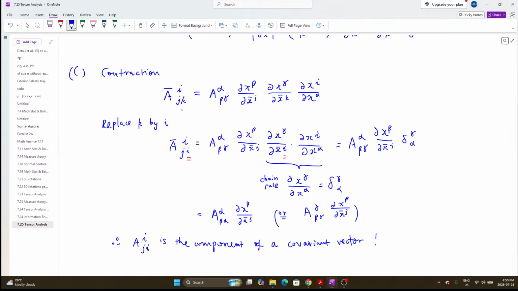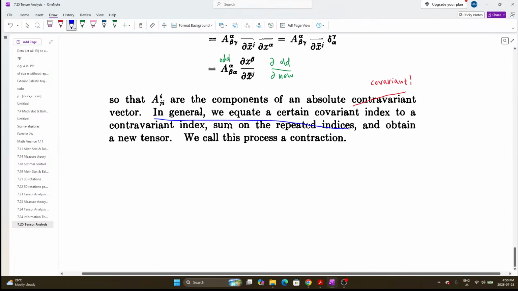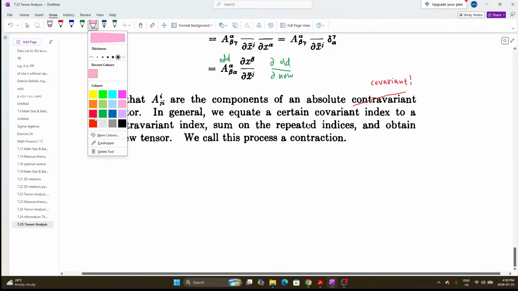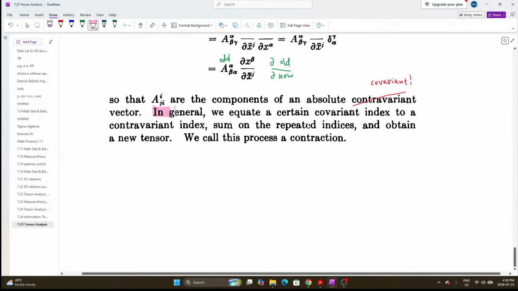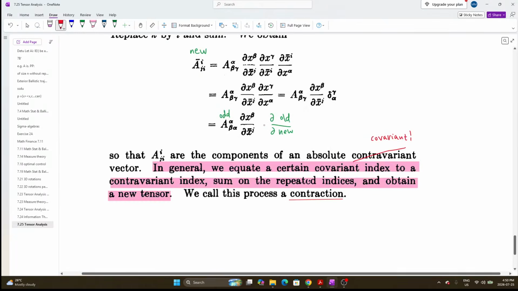So to do contraction, it has to be one up and one down. This is what we call a contraction. Sum on repeated indices and obtain a new tensor. This is called contraction. Okay, cool. So these are three operations.